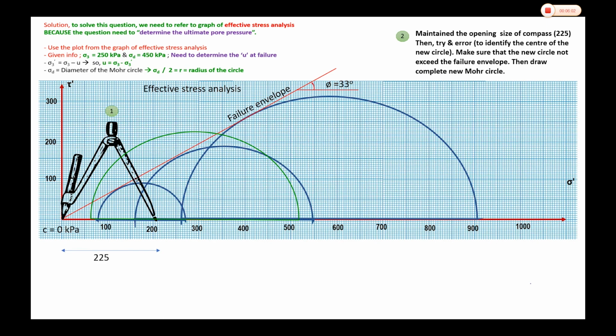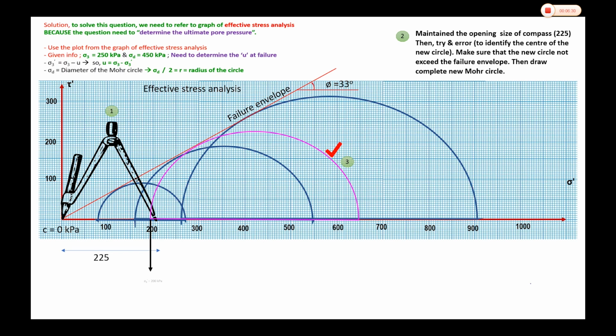If you draw the Mohr circle like the green one, that is wrong because it exceeds the failure envelope. And the yellow one, which is below the failure envelope, is also wrong. What we need is the Mohr circle that is tangent to the failure envelope, just like circle number 3.